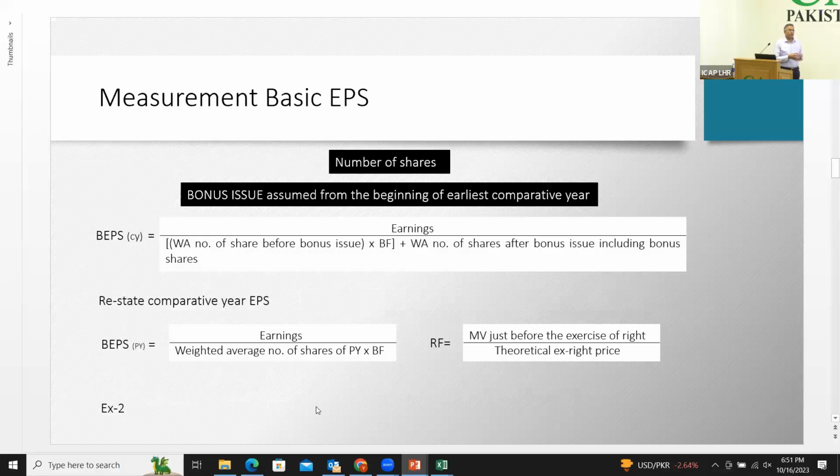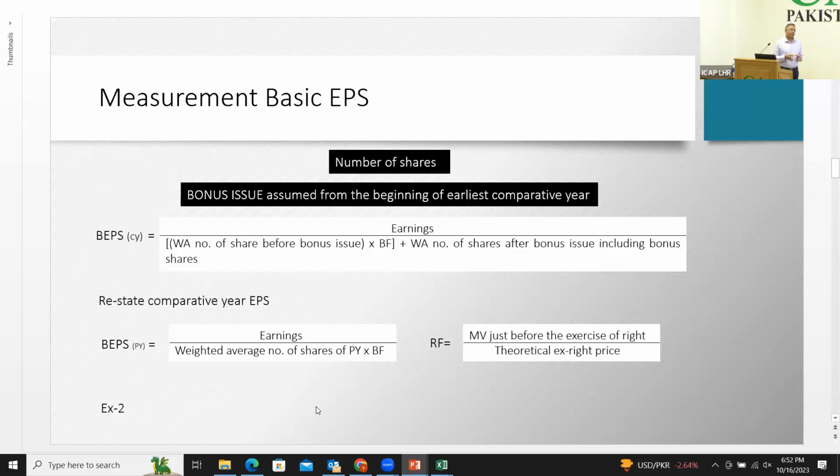For the current year, you will multiply the number of shares before the bonus issue with the factor and then add simply the weighted average number of shares after the bonus issue. For the comparative year, you can change the weighted average number of shares with the same factor and then recalculate the basic earnings per share. So basically, this bonus issue has an effect on the comparative year as well.